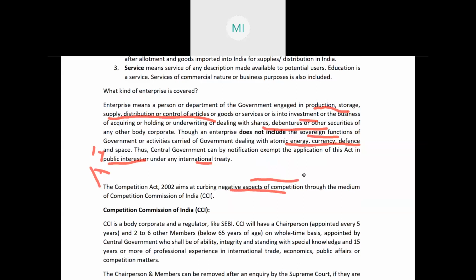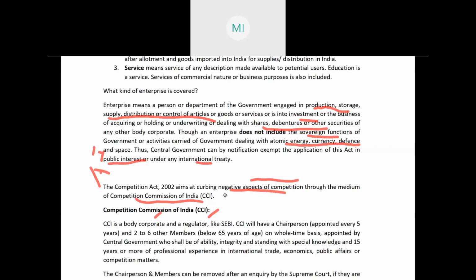It does this by a regulator called CCI, the Competition Commission of India. CCI has the features of a body corporate, and it's a regulator like SEBI. You would have studied your securities law also, where you will find SEBI. Similar to that, CCI is also a regulator.